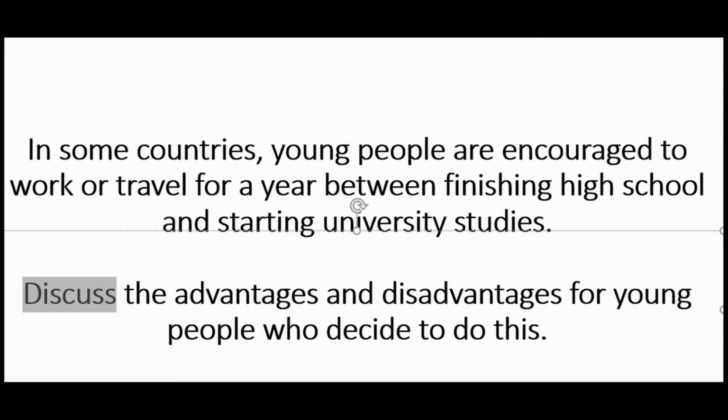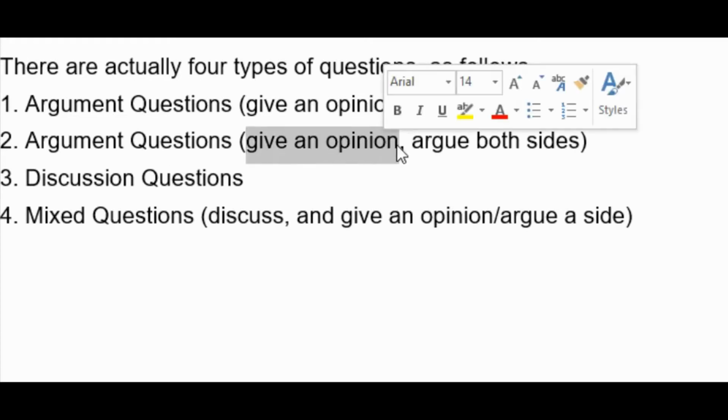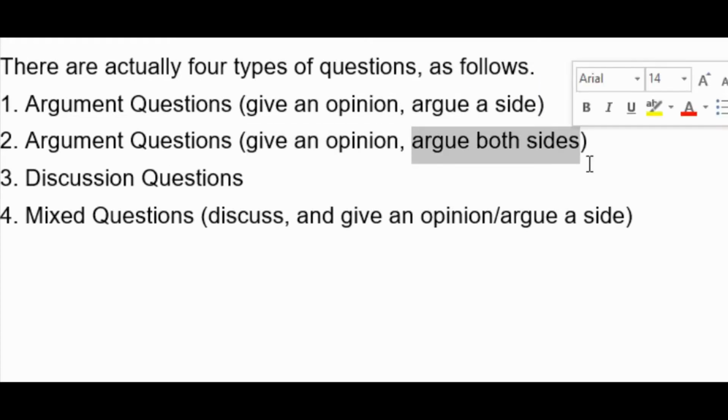But let's go on to have a look at the different types of questions that there are in the IELTS Writing Task 2. Okay, so speaking of the question types in Task 2, we've basically got 4 types. We've got the argument tasks, where you have to give an opinion and argue a side. And then you have the argument type tasks where you have to give an opinion, but you have to argue both sides.